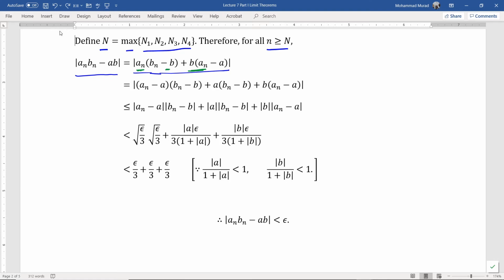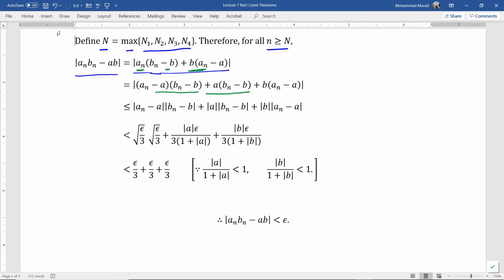For example, we write a sub n as a sub n minus a, times b sub n minus b. So we introduced negative a times b sub n minus b as an extra term, and we balanced that with this term, a times b sub n minus b.